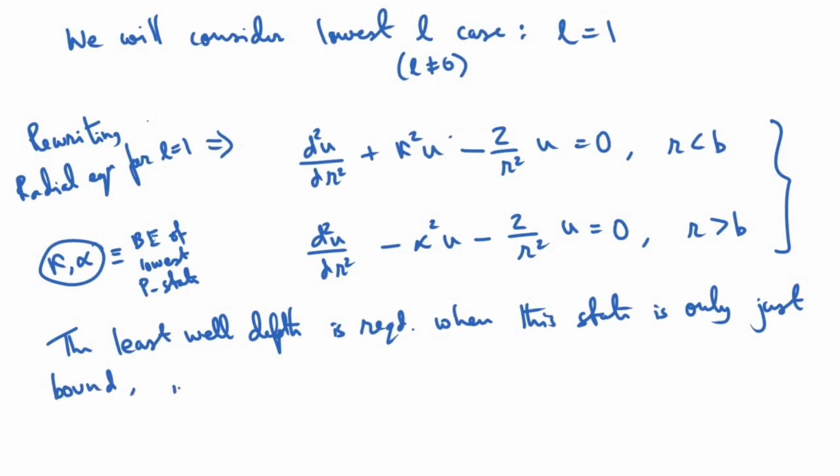What does this mean? This means that alpha is equal to 0 and kappa is equal to k0.